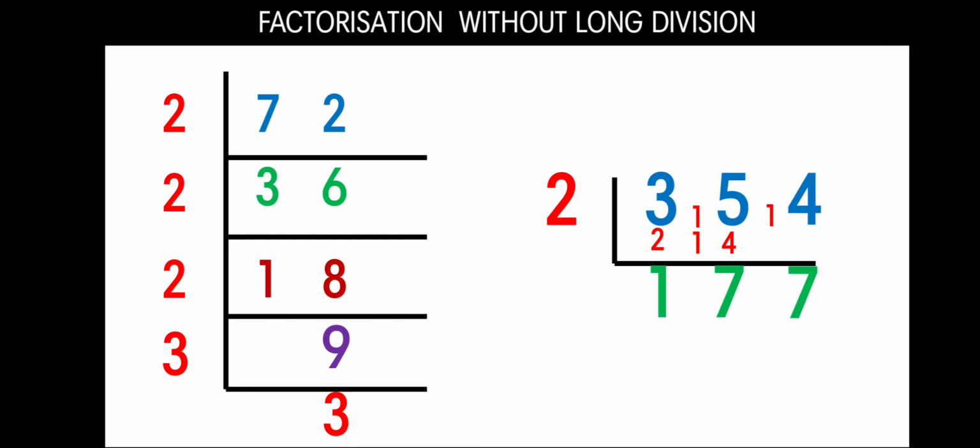Now 177. Let's see by which number it is divisible. It is divisible by 3. Here we have to remember the divisibility rules. Whenever I divide a number by 3, the sum of the digits must be divisible by 3. So 1 plus 7 plus 7, we get 15. 15 is divisible by 3, so 177 is also divisible by 3.